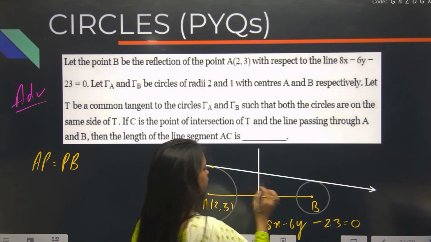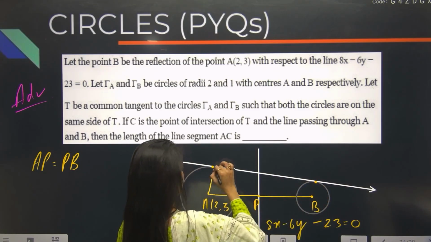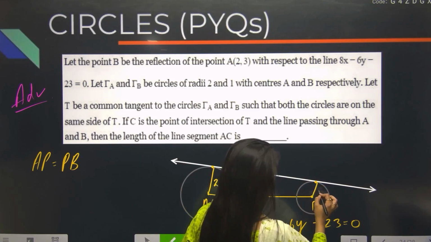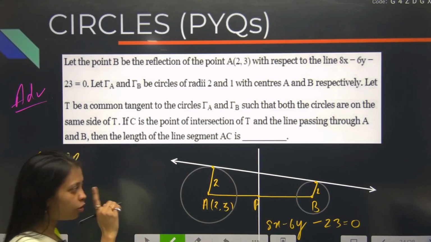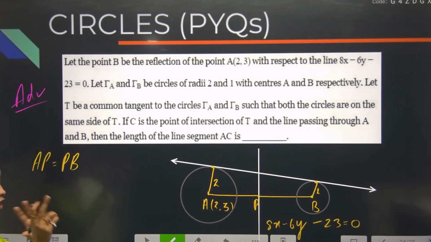Maybe these 2 points, and I know the radius as well. This is 2, this is 1. I hope you have seen this diagram before.